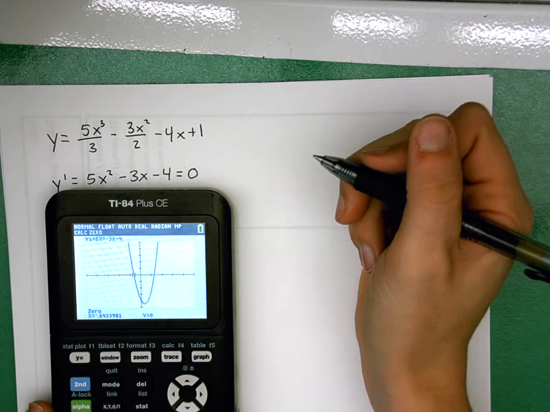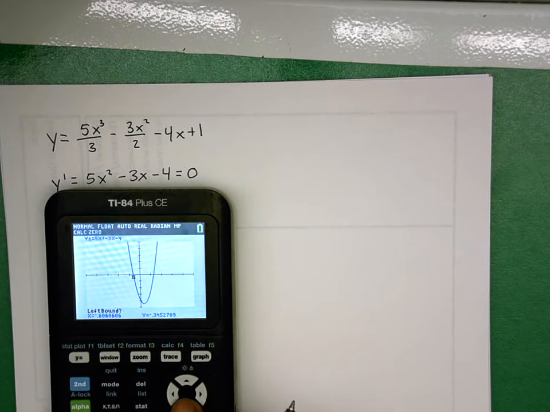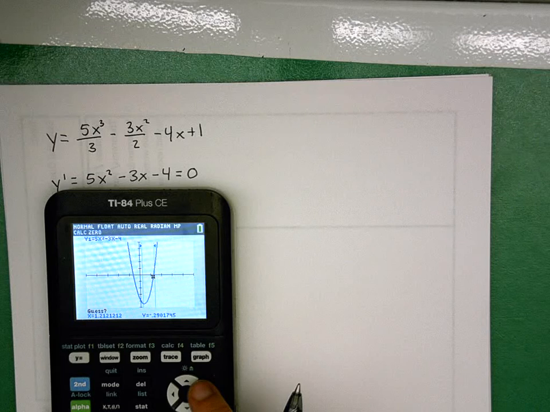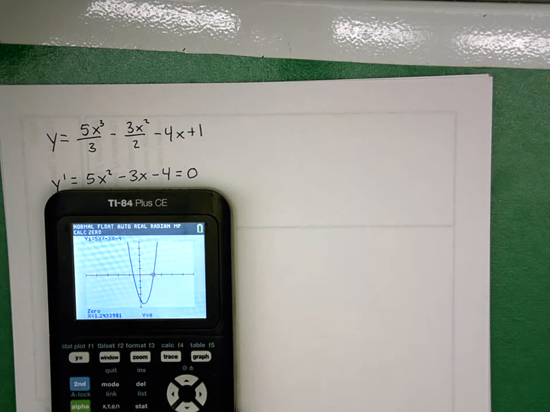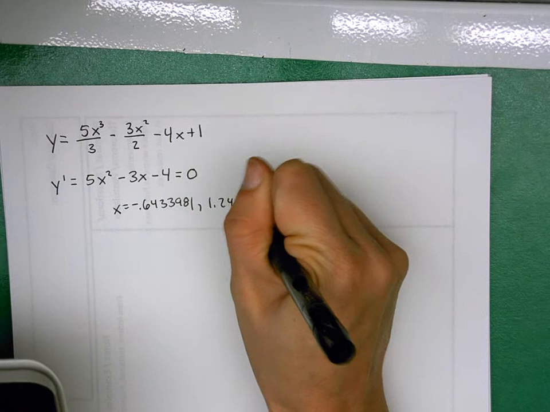And then my second zero, I'm going to repeat that process, second calc, or F5. Okay, left bound, right bound, and guess. And I get a second zero at 1.2433981.